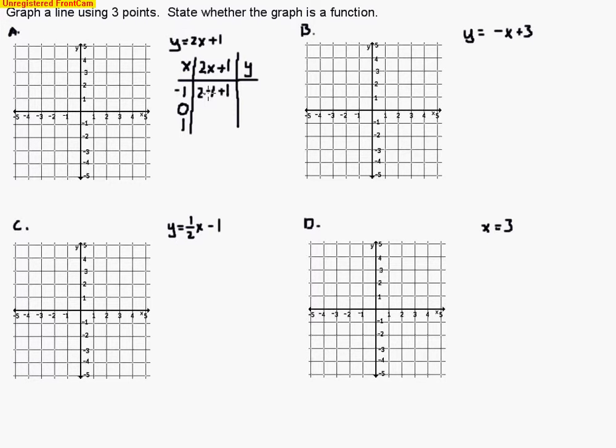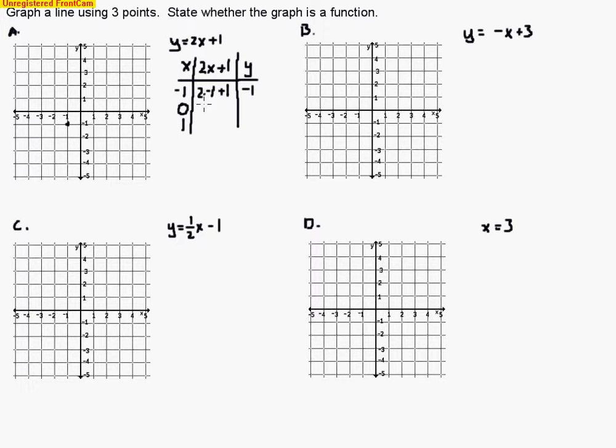So we can do this work in our head. 2 times -1 makes -2. -2 plus 1 makes -1. And so I can plot this point, -1, -1. So I'm going to go from the origin over 1 space to the left, and then down 1 space. And so there is my first point.